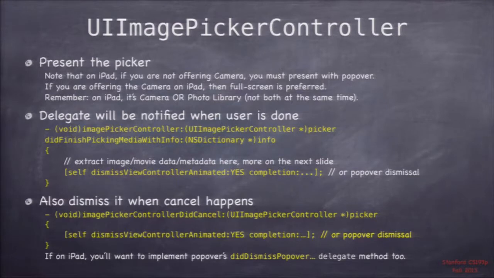If they hit cancel in the camera, you're just going to get imagePickerControllerDidCancel, and there's no info dictionary there, so you don't get to find anything about the photo. Again, if you're in a popover, you're going to use the popoverControllerDidDismissPopover business. You'll do the same thing.